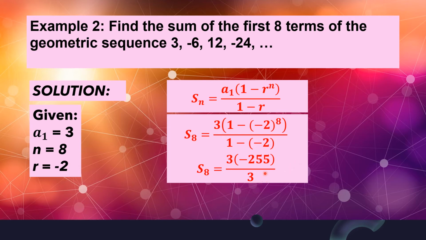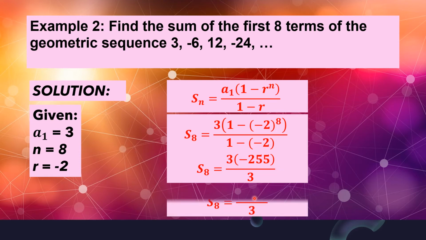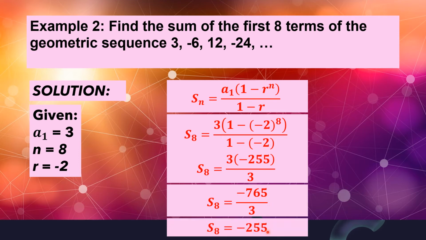Simplifying it further, 3 times negative 255 is equal to negative 765 over 3. So negative 765 divided by 3 is equal to negative 255. We can also solve this by just dividing 3 and 3.